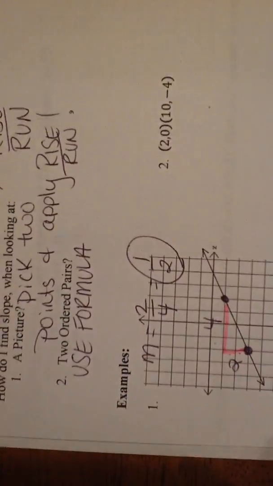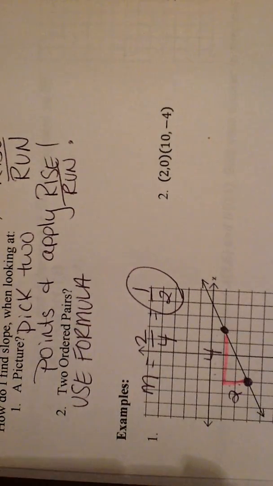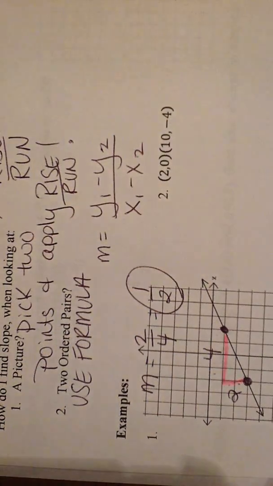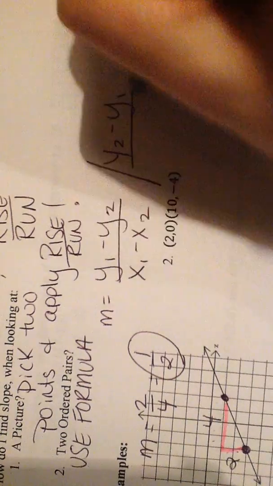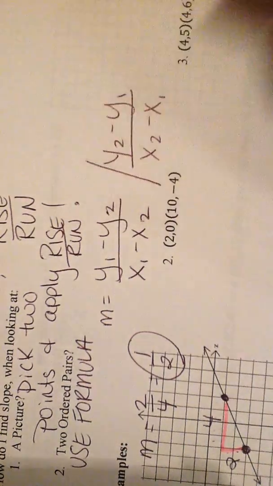Now, depending on your algebra teacher, you learned this formula either forwards or backwards. Doesn't matter, it's the same way. So the formula to find slope is m equals y1 minus y2 over x1 minus x2. This is the way that I taught it. This isn't necessarily the right way. You could also flip it and say y2 minus y1 over x2 minus x1.